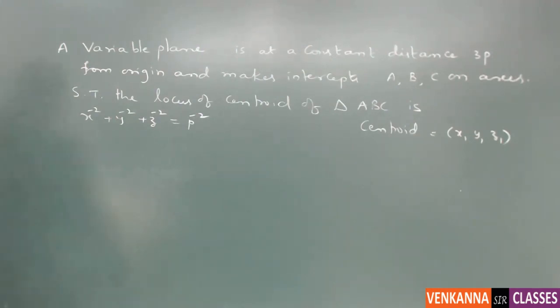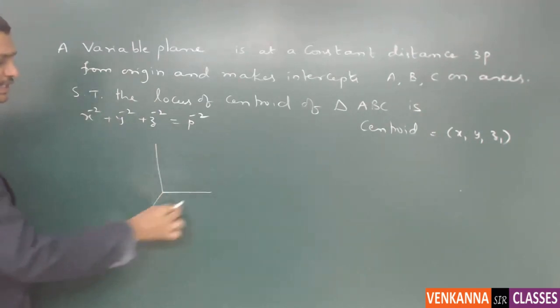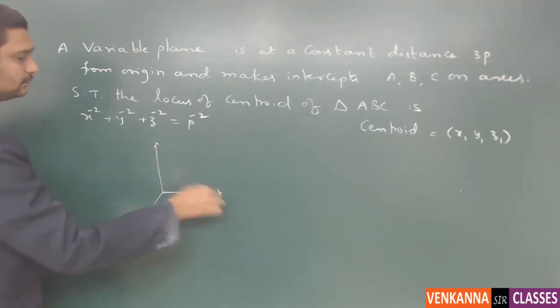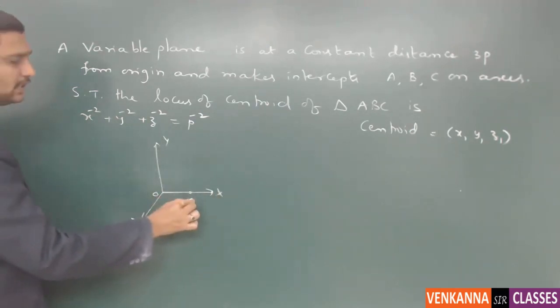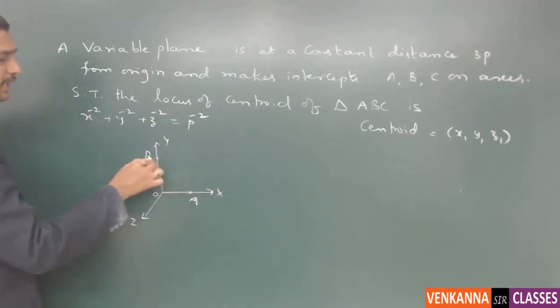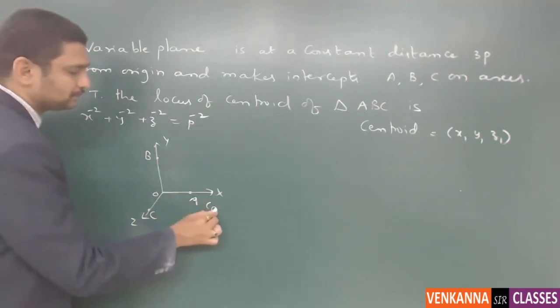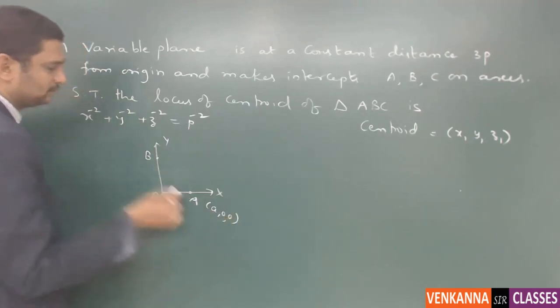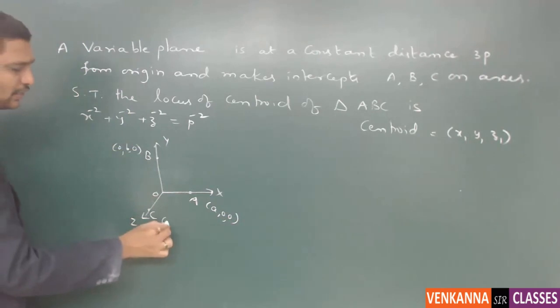As usual, if you consider the 3D system, you have three intercepts A, B and C, and we take the intercept values as the coordinates A00, 0B0 and 00C.